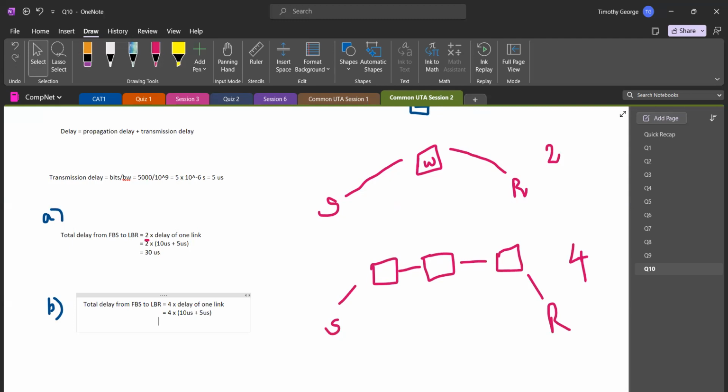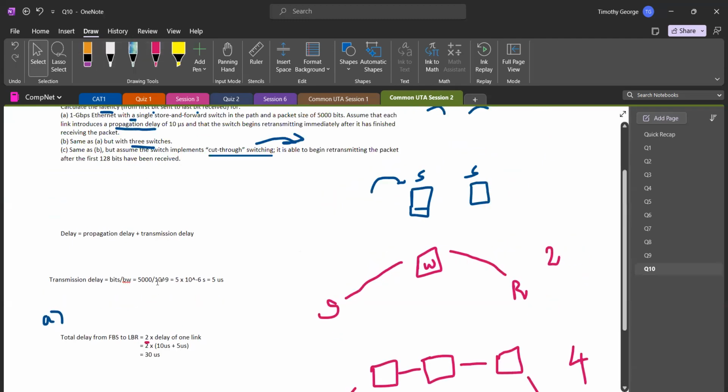This comes to 60 microseconds. That's the second part answered.